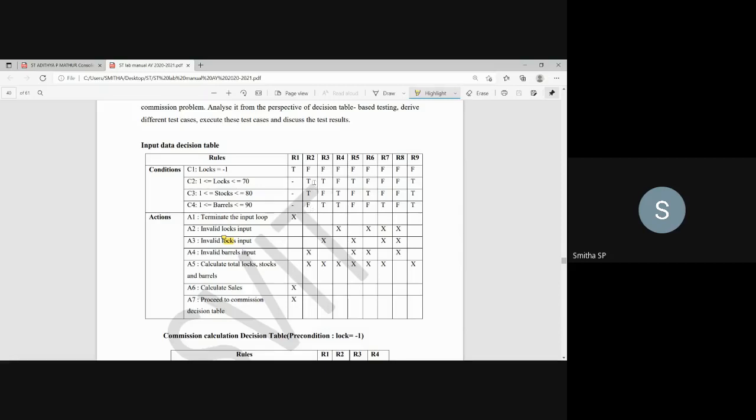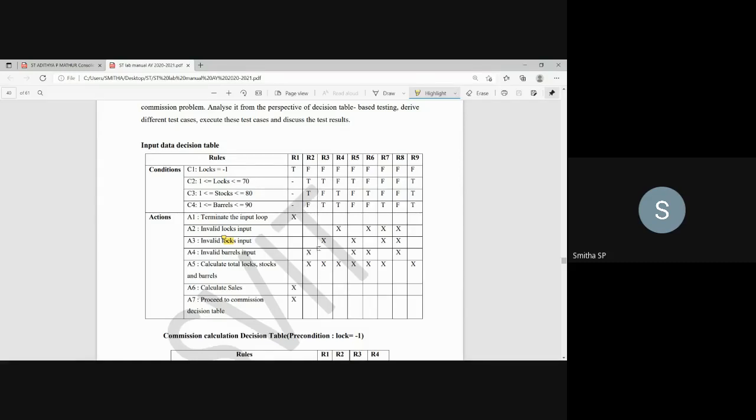You need to calculate the total logs and total stocks, and for barrels, since it is not within the production limit, you have to display a message stating that the value for the barrels is out of range.